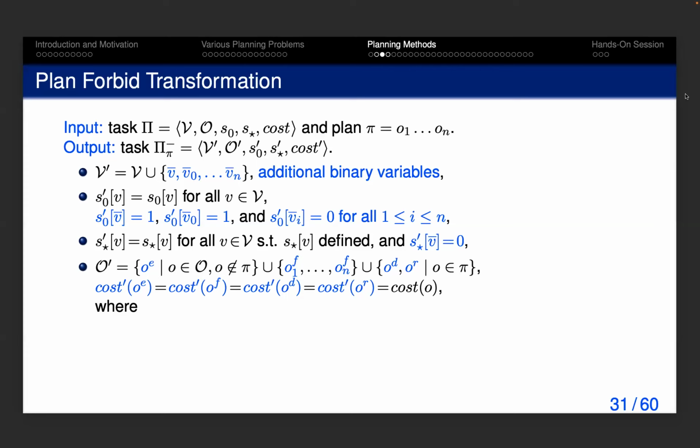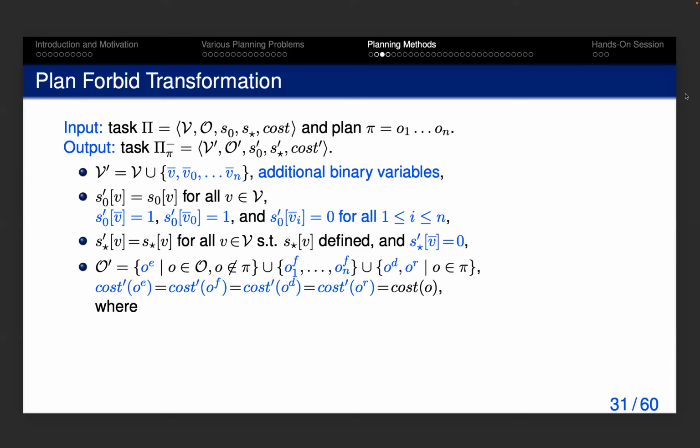As you can imagine, we will trace that plan execution and see whether it's still executing the plan. The goal of the planning task is extended by adding another goal variable. The overline should be 0, so it should change from 1 to 0, basically.